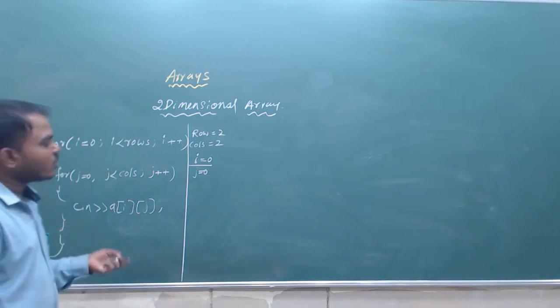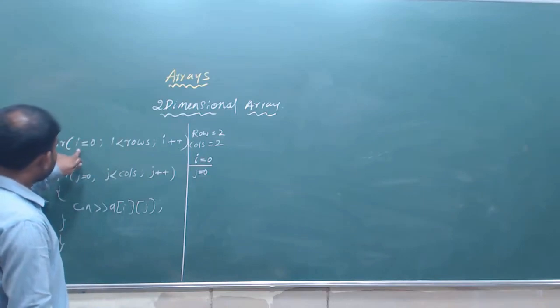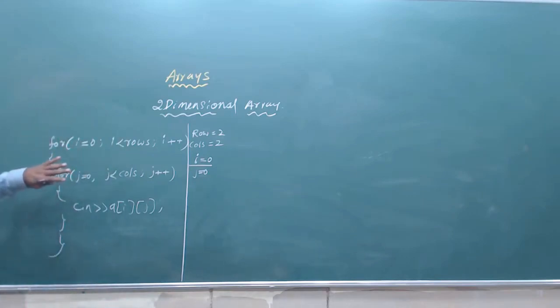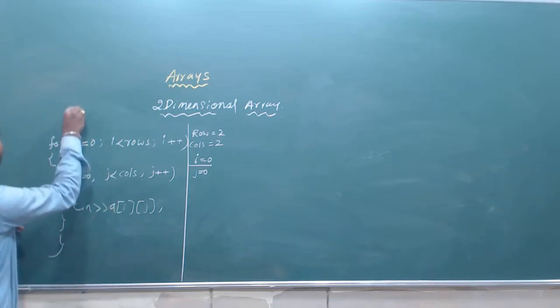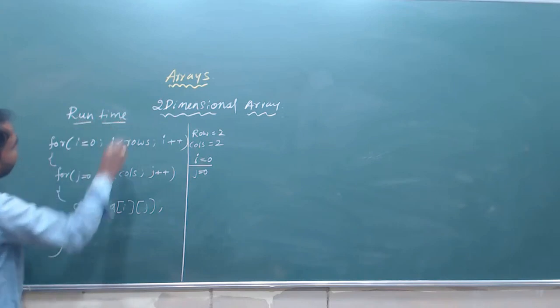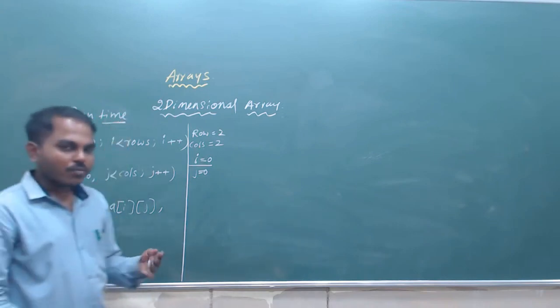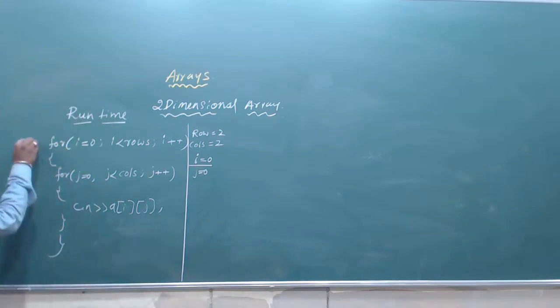So i is equal to 0 and j is equal to 0 first. Okay. So let me start from here. To use a two-dimensional array in runtime, we need to use what? Nested loops. Okay. So nested loop means what? Loop within the loop. So here I have taken 2 loops. So this is for row.